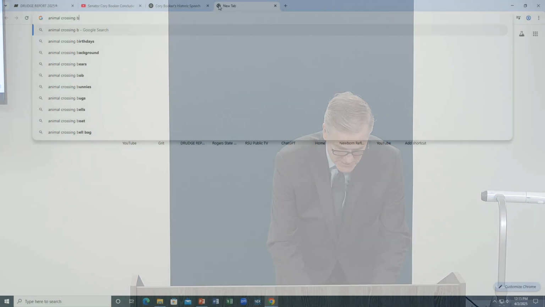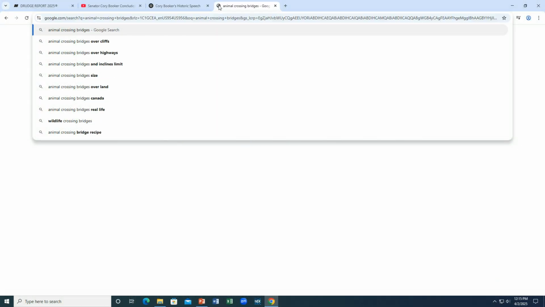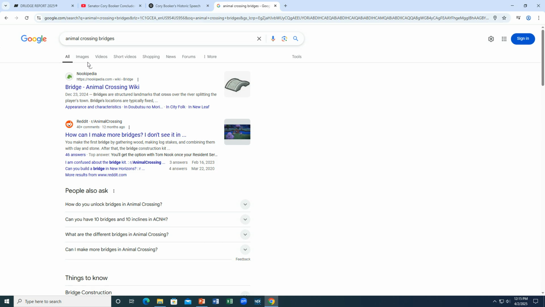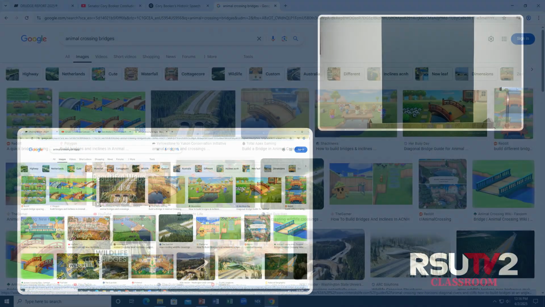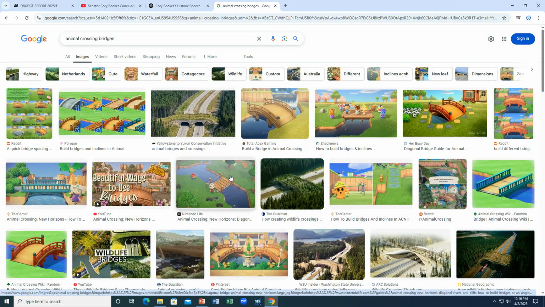Animal crossing bridges. And you can look more into this later on. It's interesting. Here you go. So there's multiple examples here. Here's an actual one at Yellowstone. What's funny, the cartoon stuff that I pulled up.